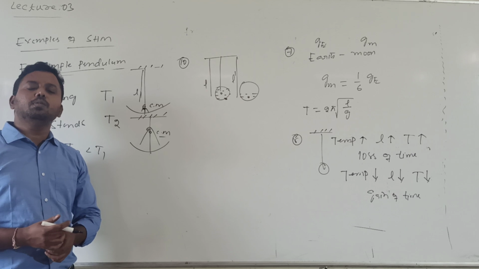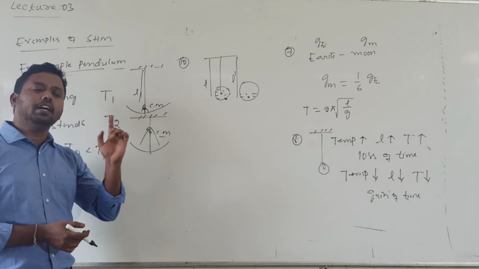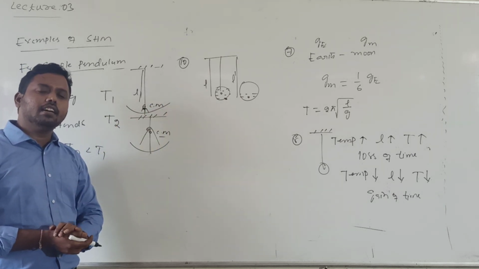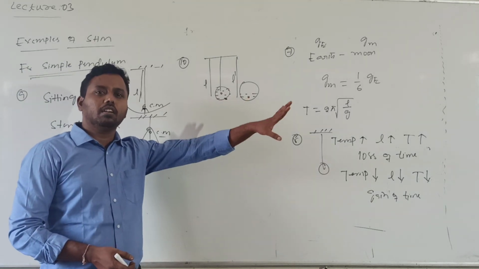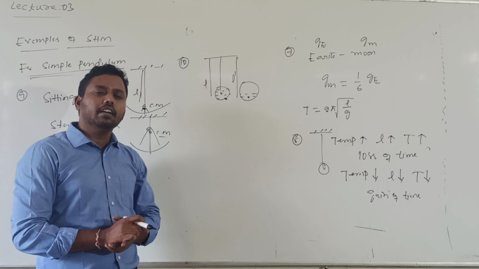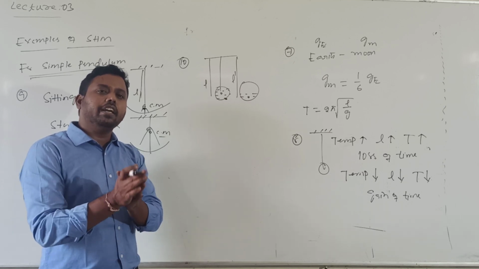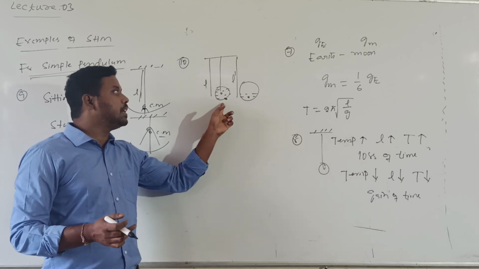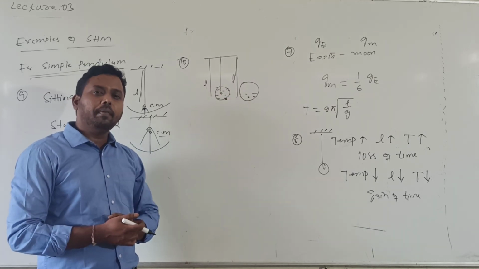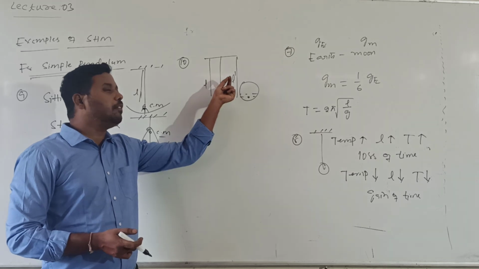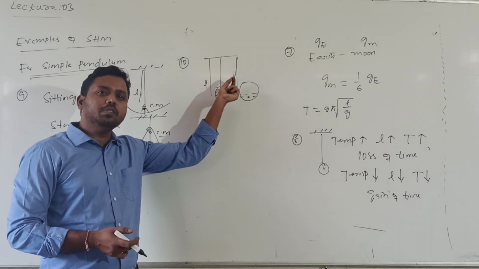When the length value increases, what happens to the time period? Will the time period increase or decrease? It will increase. Once the total water is drained out and the bob is empty, the center of mass and center of gravity come back to the geometric center. So first the center of mass moves down, then again it moves up.